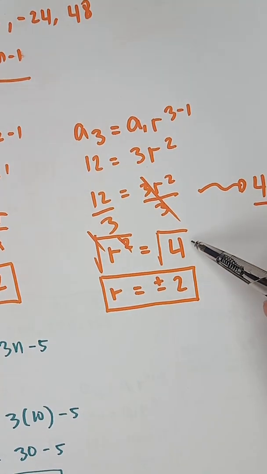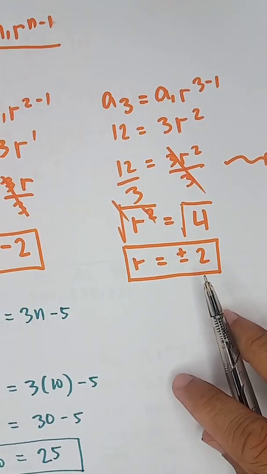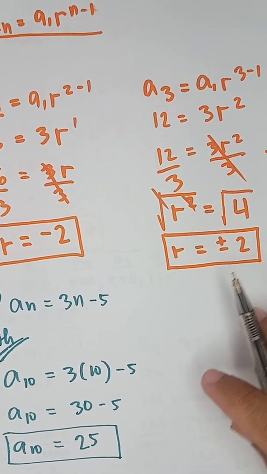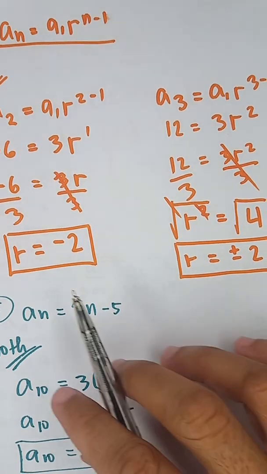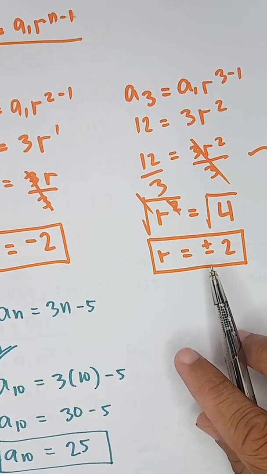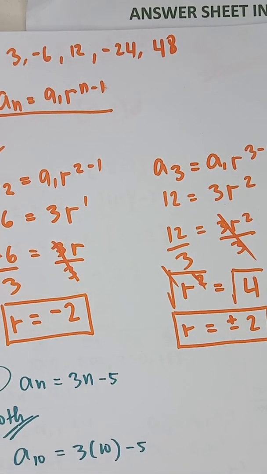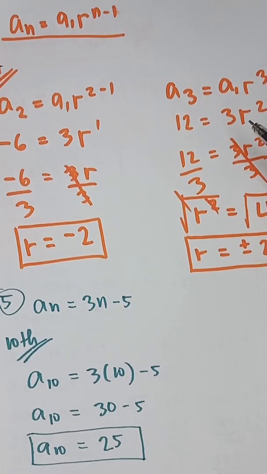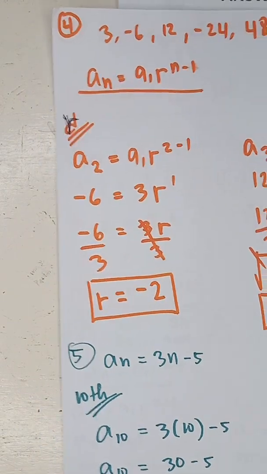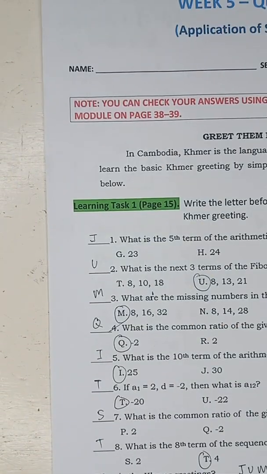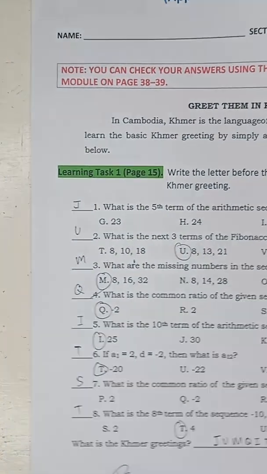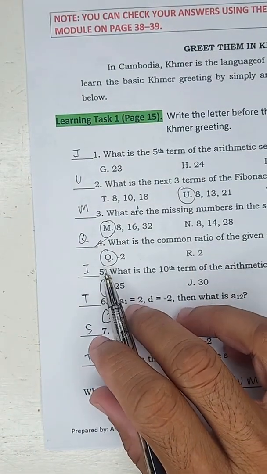And then, square root of 4, that's positive and negative. As you can see here, we have same answer, -2, and here, positive and negative. You can use -2 here, kasi available yung -2. Okay, that's the answer on number 4. So, letter U yung answer.